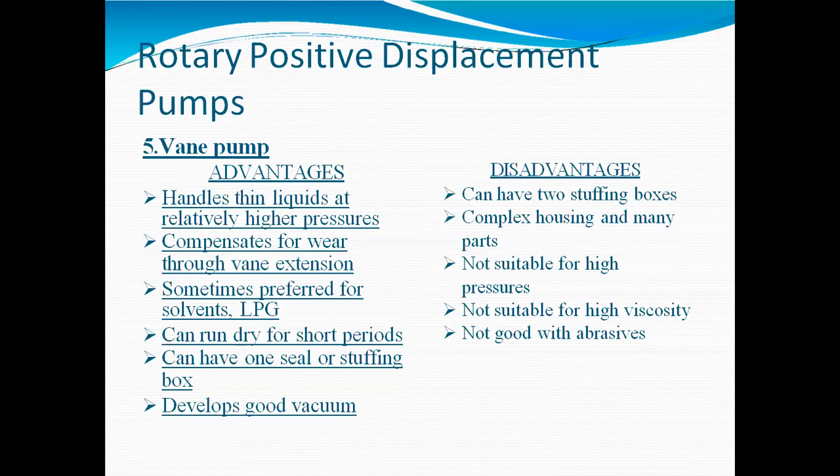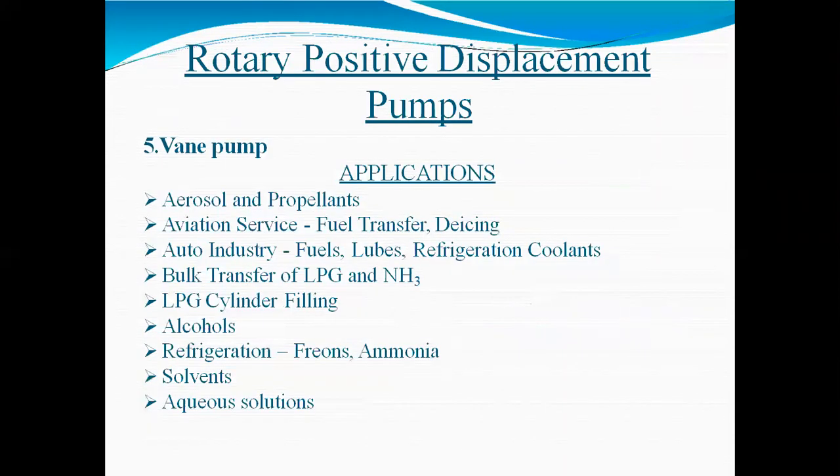Again, it is not suitable for high viscosity liquid and not good with abrasives. Abrasive means any slurry liquid or dirty liquid which contains abrasive particles. So in that particular case, we are not going to use the vane type of pump.